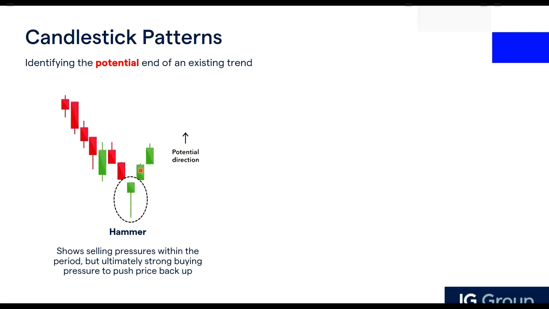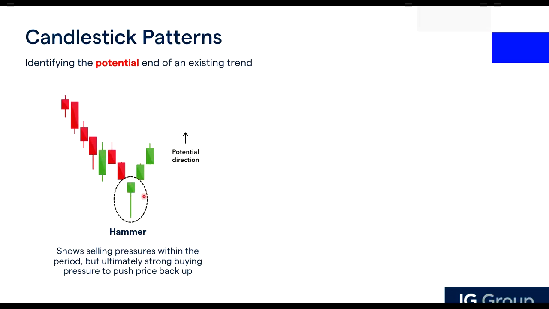So what happens in this pattern? We can see that the hammer pattern shows there is selling pressure within the day. The sellers push down the price within this period, but ultimately there were buying pressures that managed to push the price back up. So when you see this small body with a long wick, it means there was selling pressure, but there was also buying pressure towards the end.